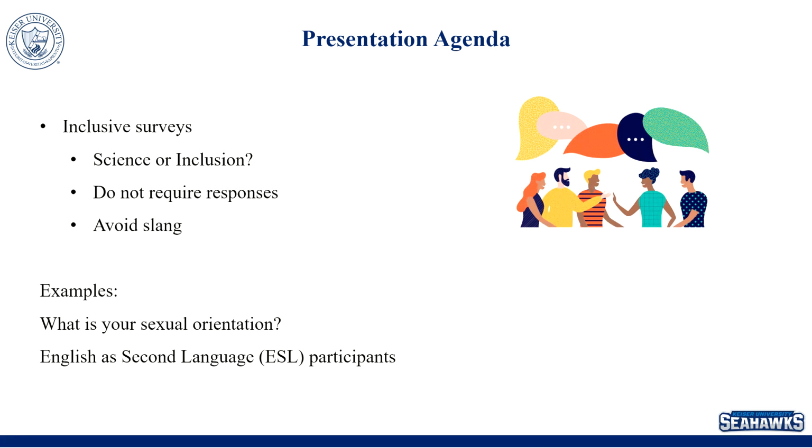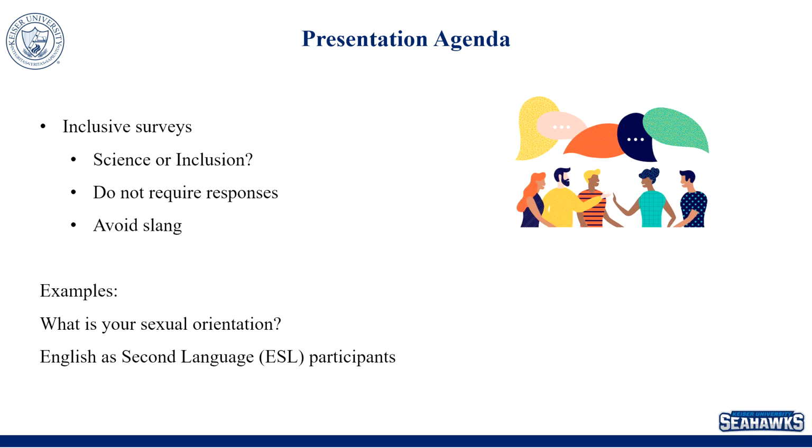Also, when you're designing surveys, just overall, you want to consider how inclusive your survey is. Are you focusing too much or too little on the science, or too much or too little on just trying to be more inclusive based on social or political reasons? Because in order to conduct a scientifically oriented survey, you may have to, let's say, sacrifice being inclusive to some degree in order to achieve the answers that you want to find.